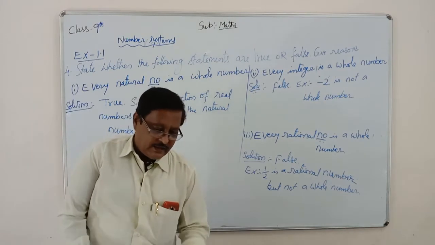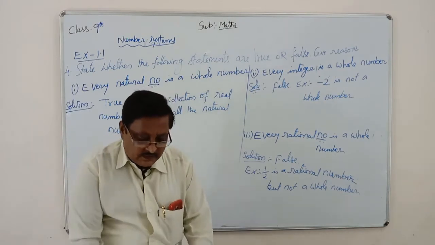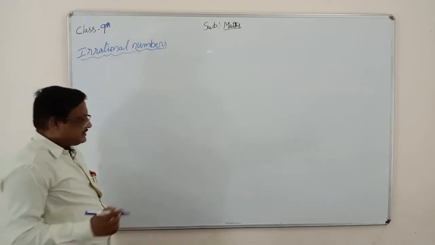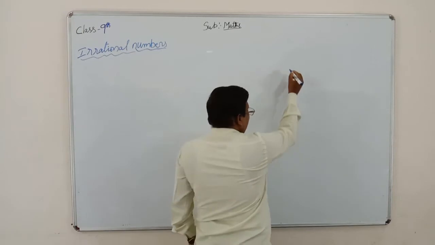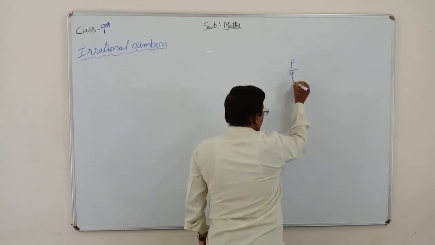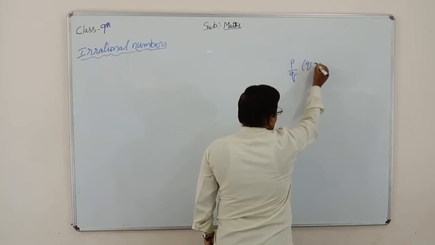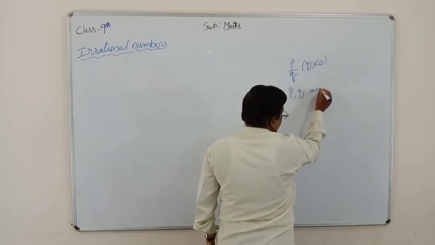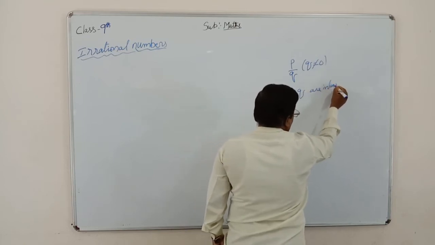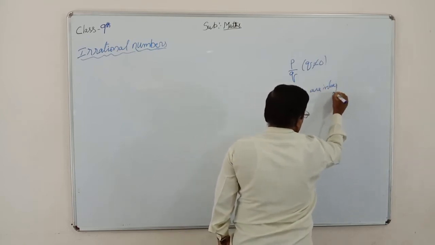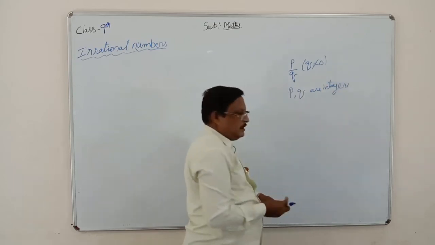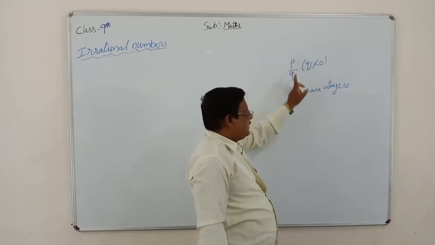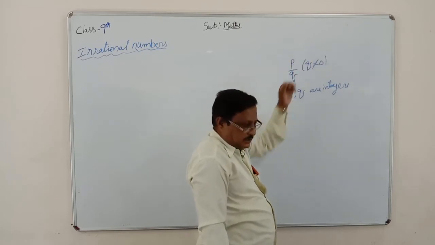Next, the topic is irrational numbers. Rational numbers means the numbers which are expressed in the form of p by q, where q is not equal to 0 and p and q are integers. When p and q are integers and it is expressed in the form p by q, q not equal to 0, then it is called a rational number.